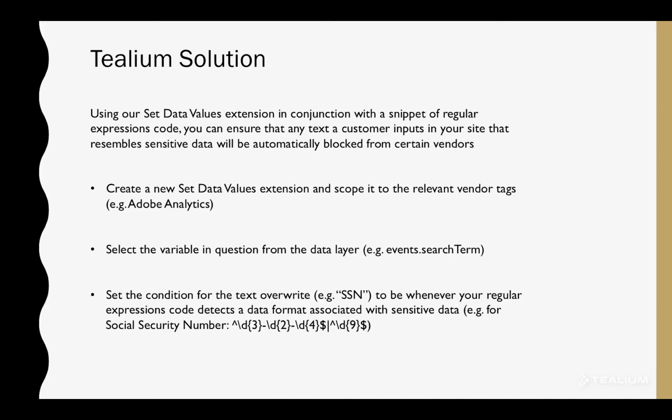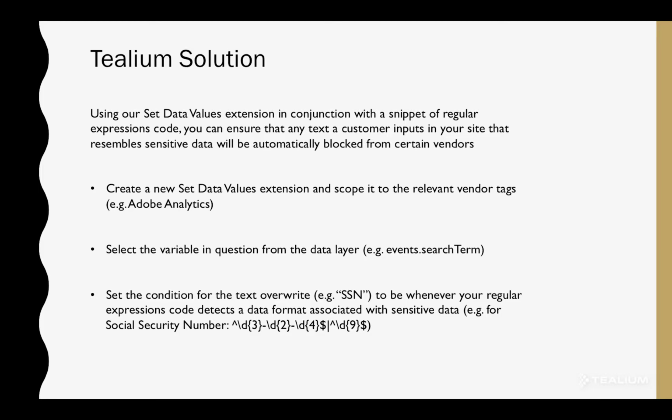So if you're currently using our tag management platform and you collect sensitive information on your customers through your site or mobile app, you can follow these 3 steps to ensure that your customers can't accidentally expose theirs to an unsecured endpoint. The first step is to create a new set data values extension and scope it to the relevant vendor tag. And the example I'm going to walk you through is going to be Adobe Analytics. The second step is to select a corresponding variable from the data layer and tell Tealium IQ to overwrite it.